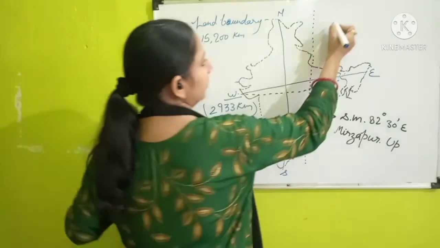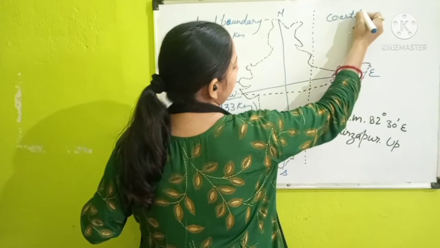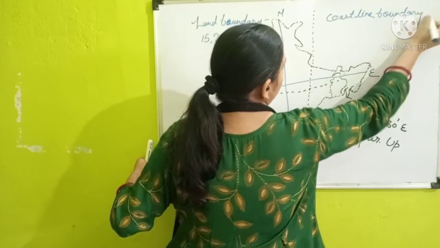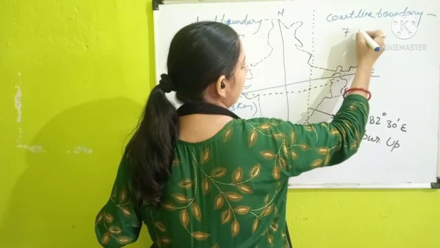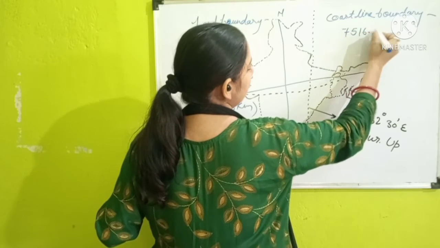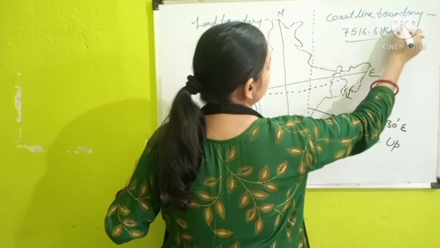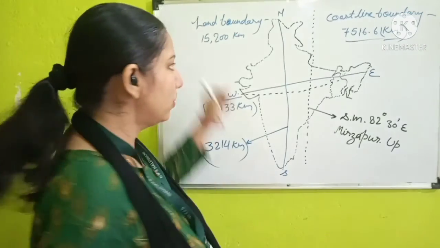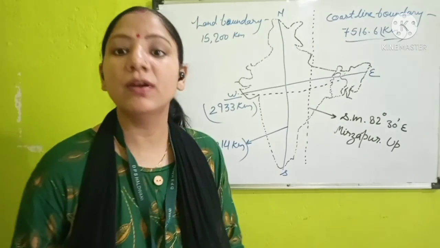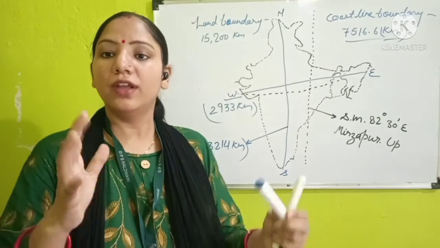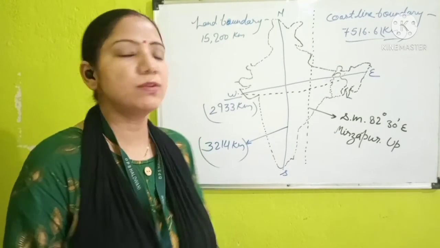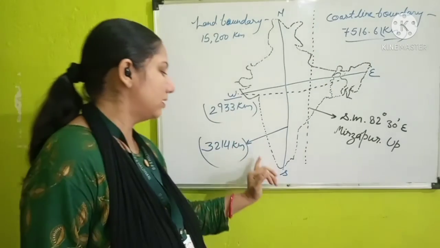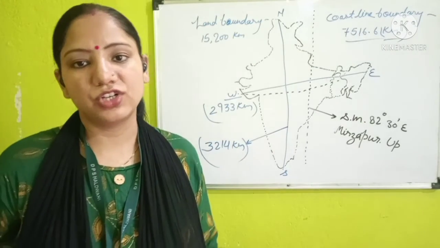The total coastline boundary is around 7,560.6 kilometers, which is the longest coastline boundary of any country into an ocean, due to which the ocean has its name after the country, Indian Ocean. None of the countries of the world has this much coastline in any ocean, and that is the reason the Indian Ocean is named after India.